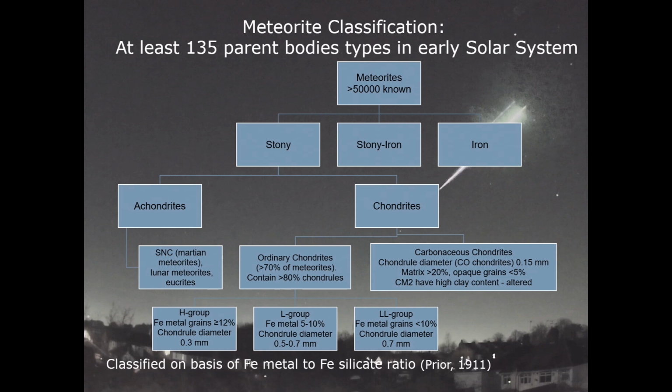That's largely the basis for classification of the chondrites here, the most abundant kind. There's a lot of detail here, but basically we look at things like the mineral compositions, the proportion of metallic iron, and things like chondrule size, more of that in a minute. And so we think there are well over 100 distinct parent bodies in the solar system.